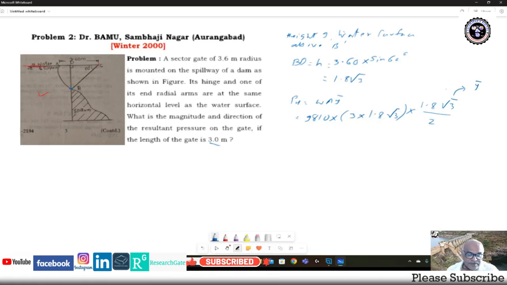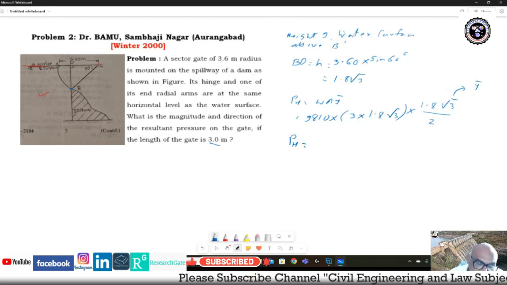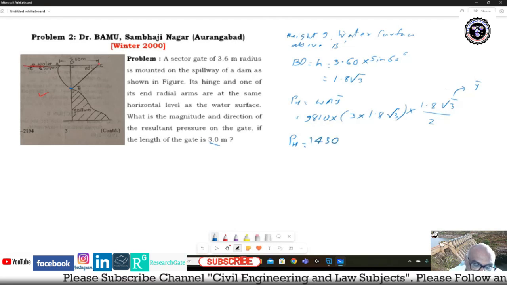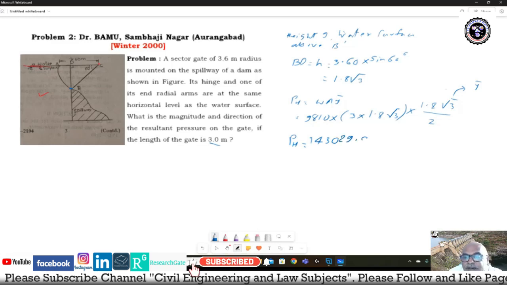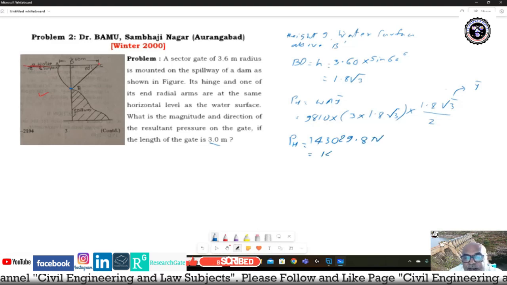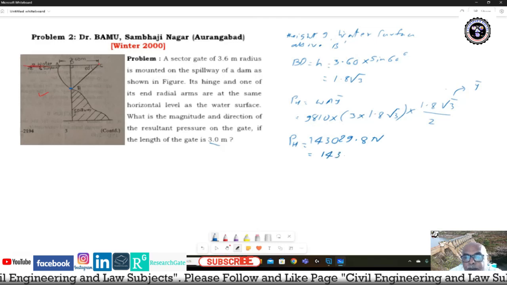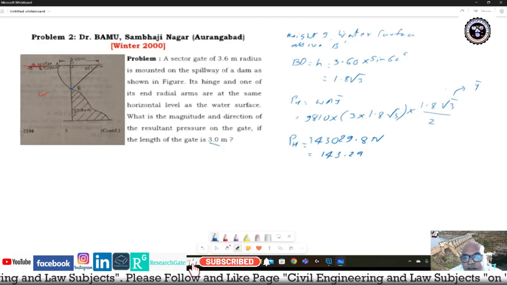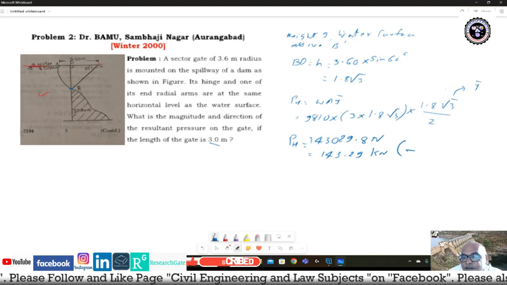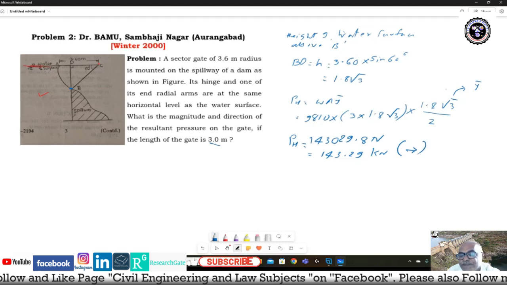So this value will be pH equal to 143,29.8 Newton, that is equal to 143.29 kilonewton, in the horizontal direction.